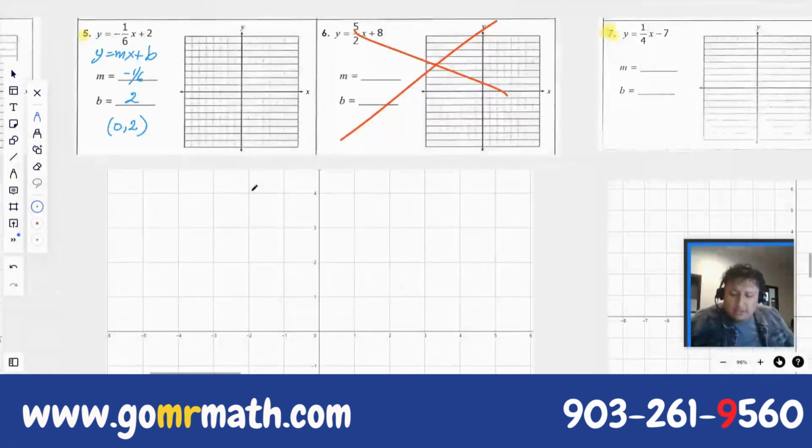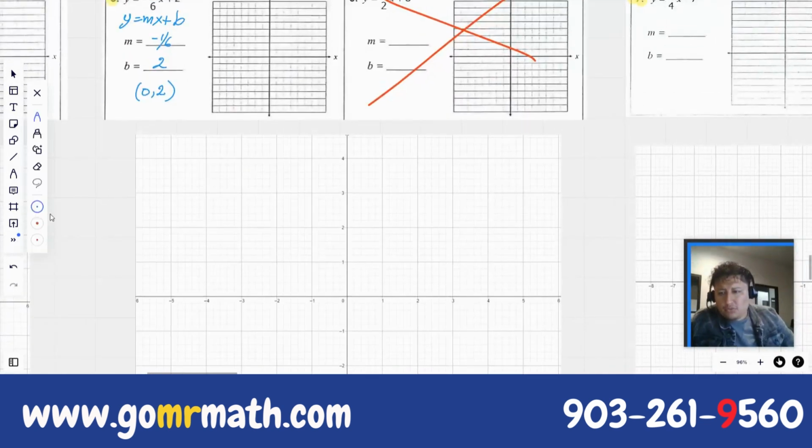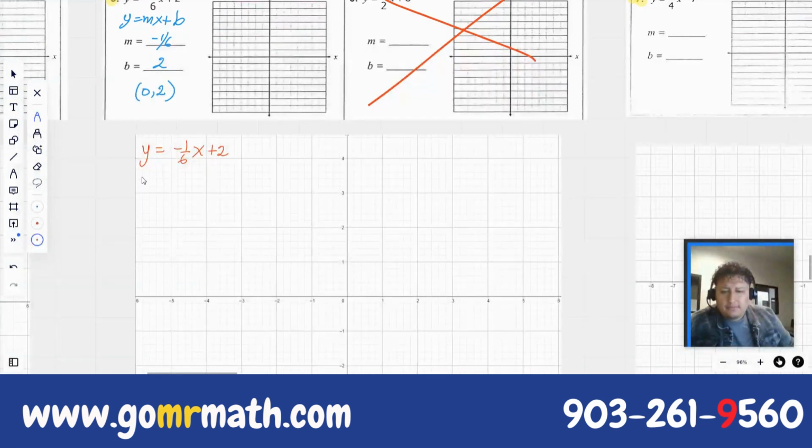Now, this one looks a little different just because of the fraction, but we just need to calculate with a value that makes sense. So we have the equation y equals negative 1/6 x plus 2. Let's make it with 3, when x is equal to 3.